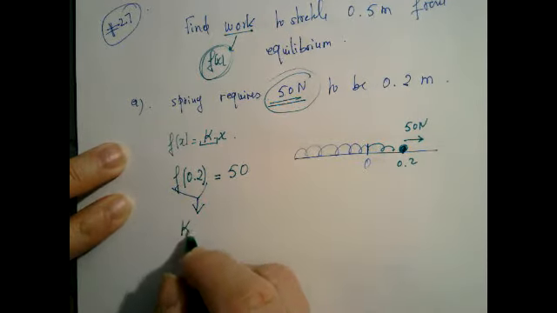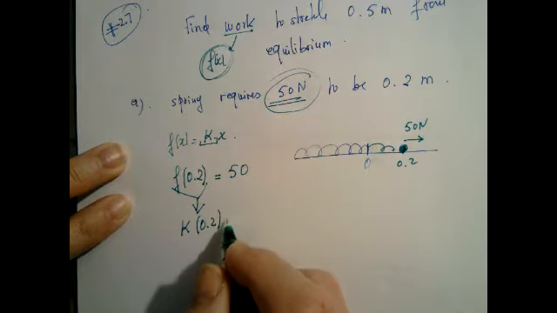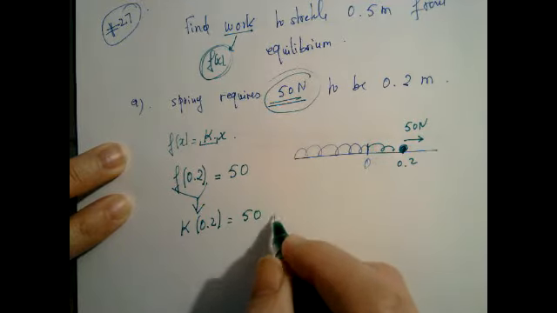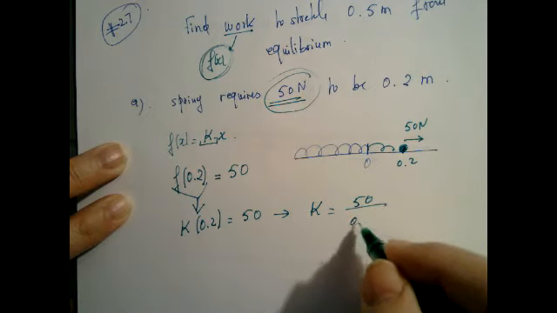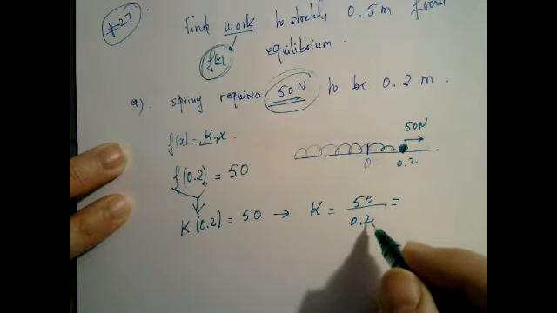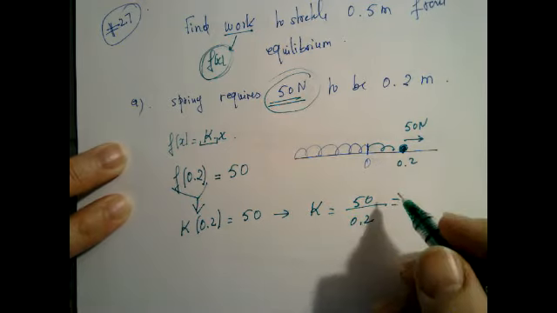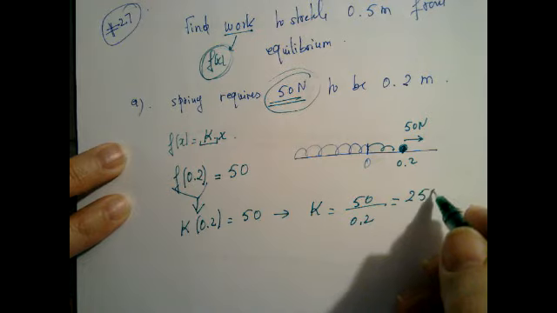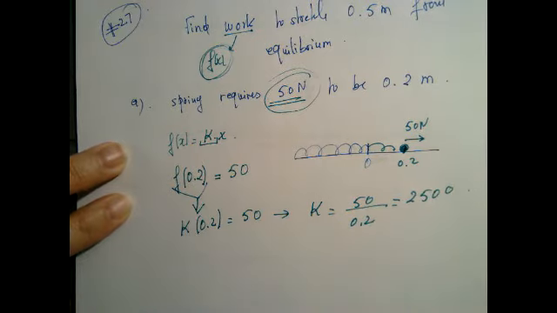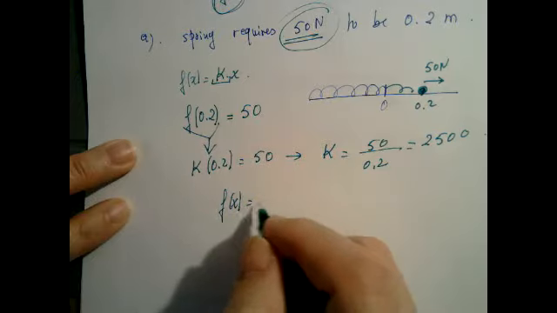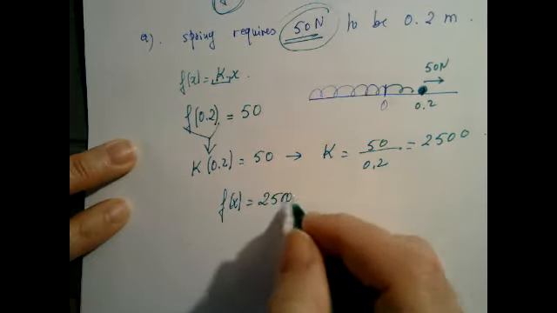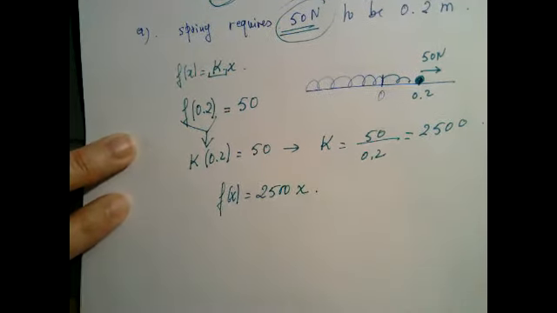This tells me k times 0.2 is 50. So that's the simple equation: k equals 50 divided by 0.2. Now 0.2 means 2 over 10, so this will give me 250. I know k, so I have my force, k times the amount of stretching.